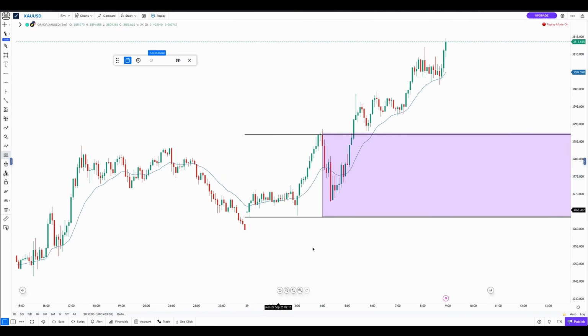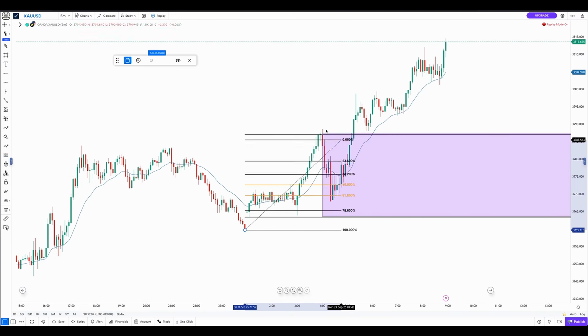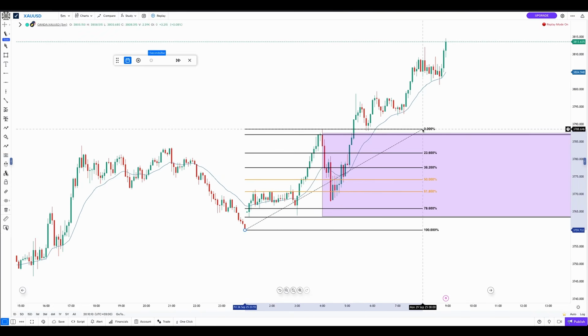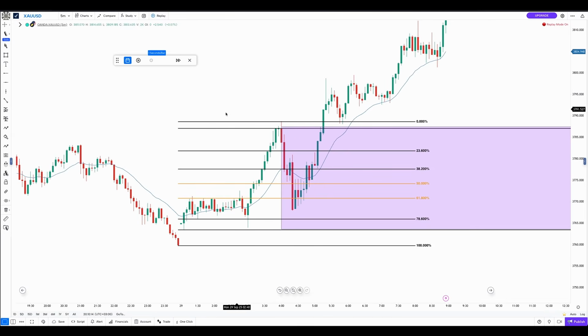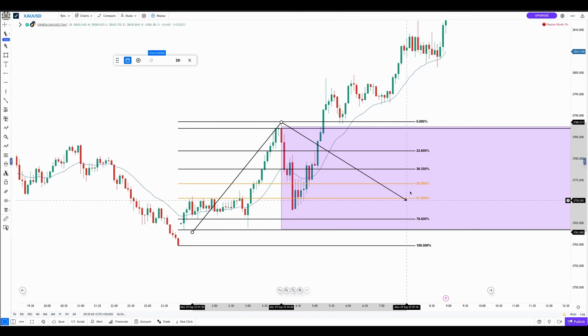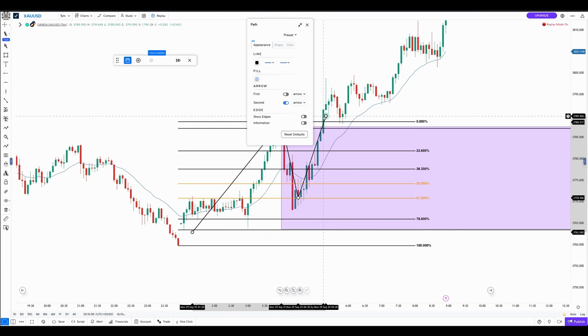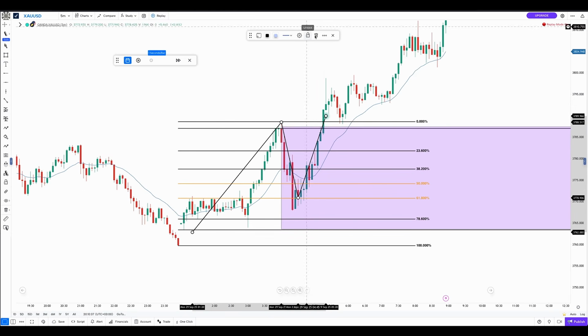When you project it forward like this, you'll see that the market comes down to the golden zone, this area between the 50% and 61.8. You can see the market comes into that golden zone and then starts to reject from there and go back up like that. So that would also be a confirmation for you to enter.